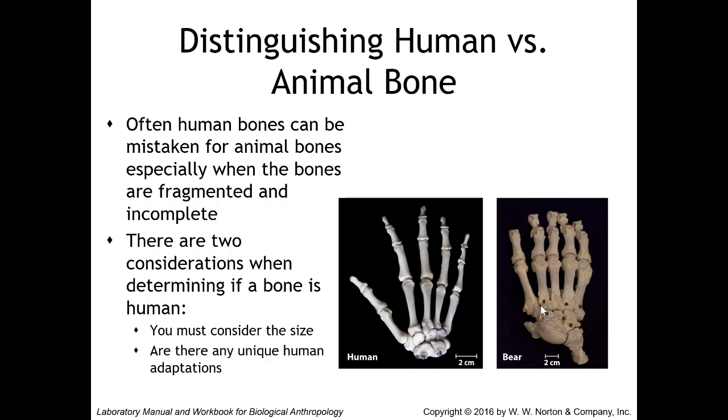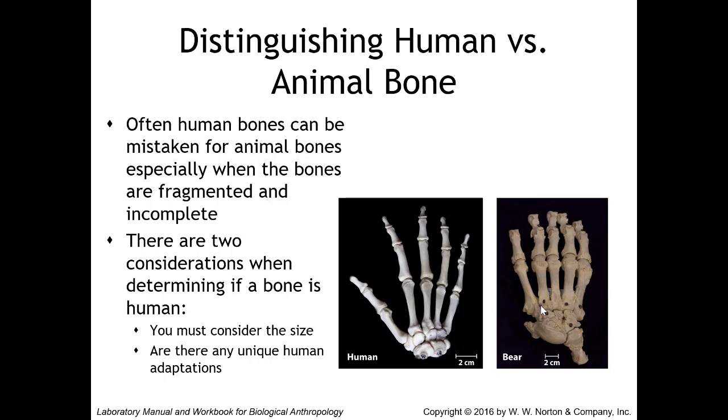Consider the size. The second step here is to consider, are there any unique human adaptations? There are adaptations in the skeletal system that are uniquely human. Chins and foreheads: humans have chins and foreheads. All other animals do not. So if a mandibular fragment is found with a chin, it must be human. Similarly, if a tall vaulted frontal bone is found, it must be human.